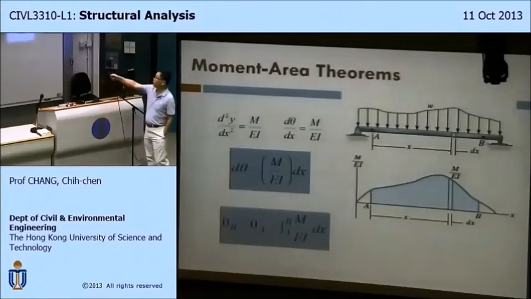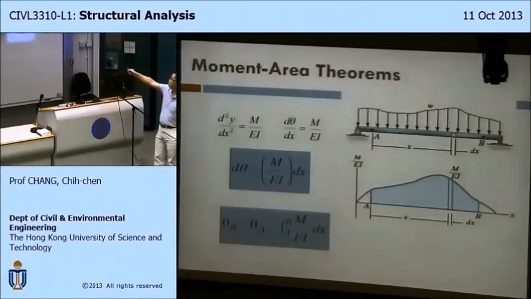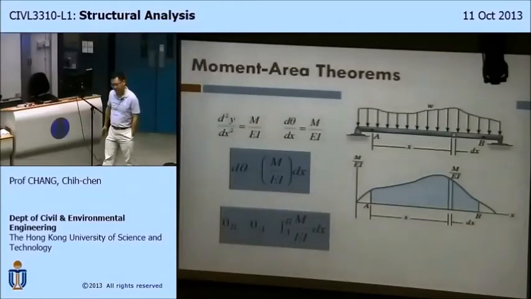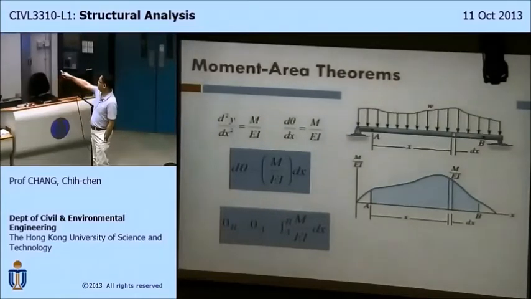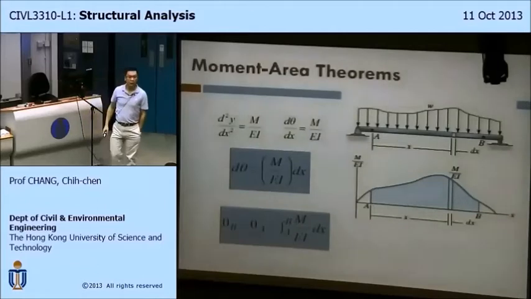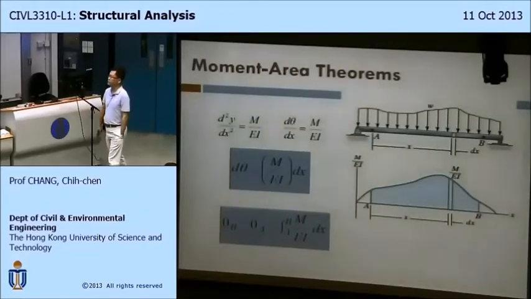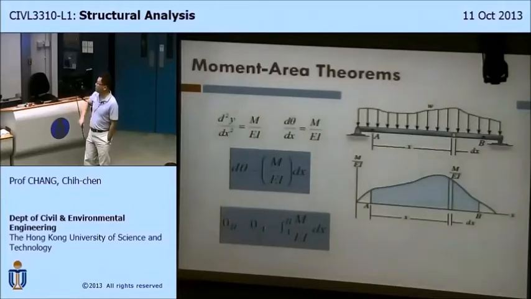Then you have the so-called M over EI plot. You identify the 2 points that you are interested in, and the area underneath that curve will be equal to the angle difference between the 2 points, theta B minus theta A.